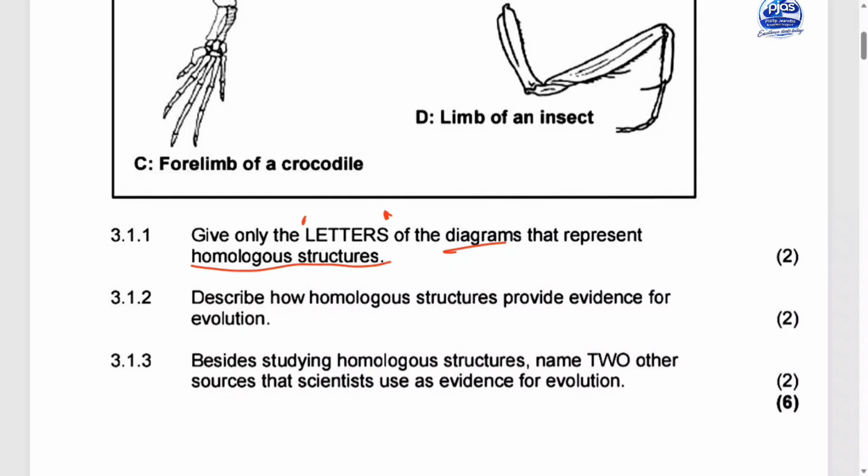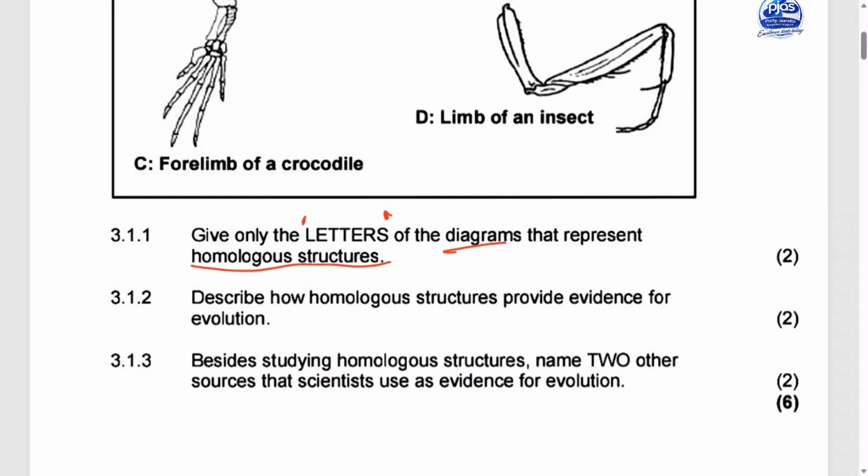We learned about homologous chromosomes in the topic of meiosis, which are chromosomes that have the same size, same position of genes, and same position of the centromere. Also in genetics, we had homozygous, meaning two identical alleles coding for a particular characteristic.